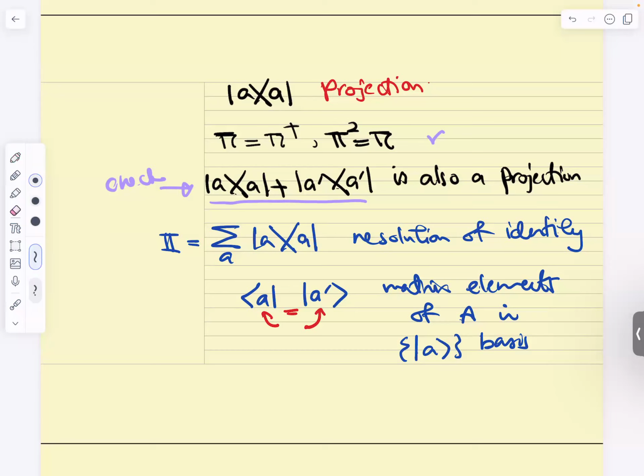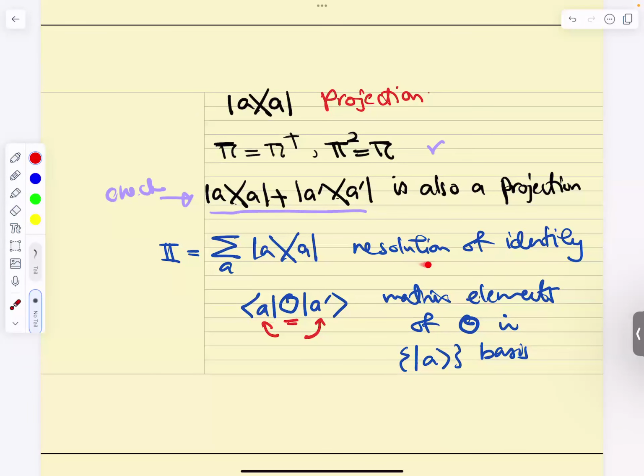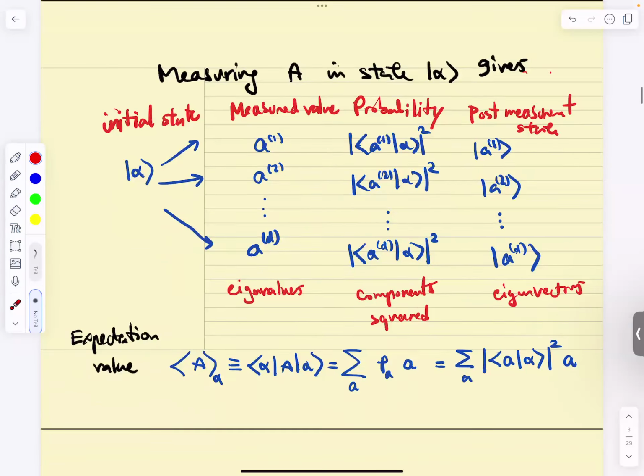However, if instead of A, I put just some other operator, X, or I think previously I called it O sometimes, this is a matrix element of O in the A basis, right? Any questions about this part? So resolution of identity, if we can now read that. Good. Yes, other questions?